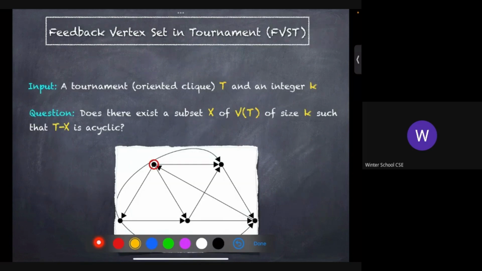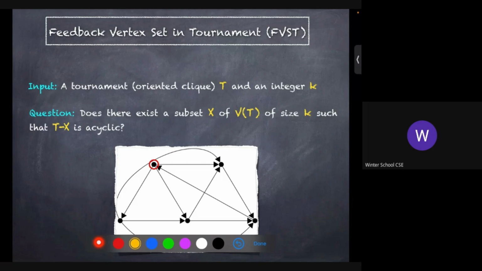Okay. So another example, I will go very fast for this example. Feedback vertex set in tournaments. Here I have a tournament. A tournament is just a clique, a complete graph, where I orient the edges. It's a directed graph.